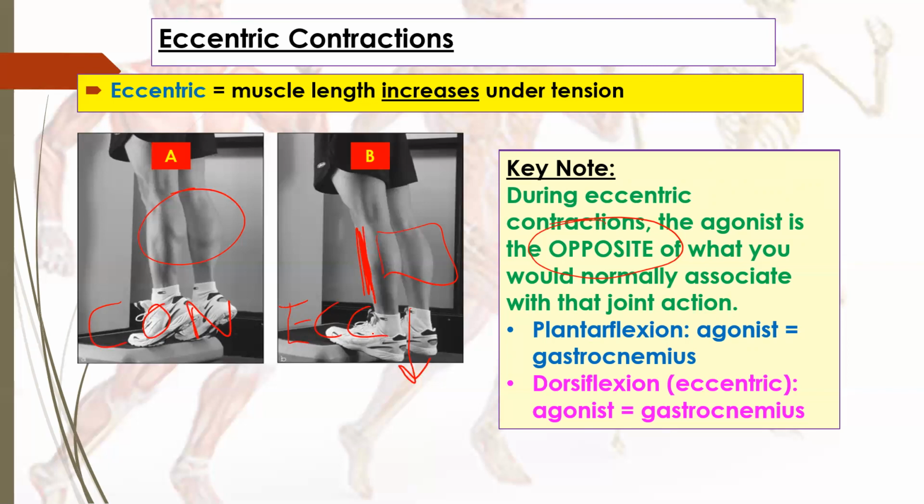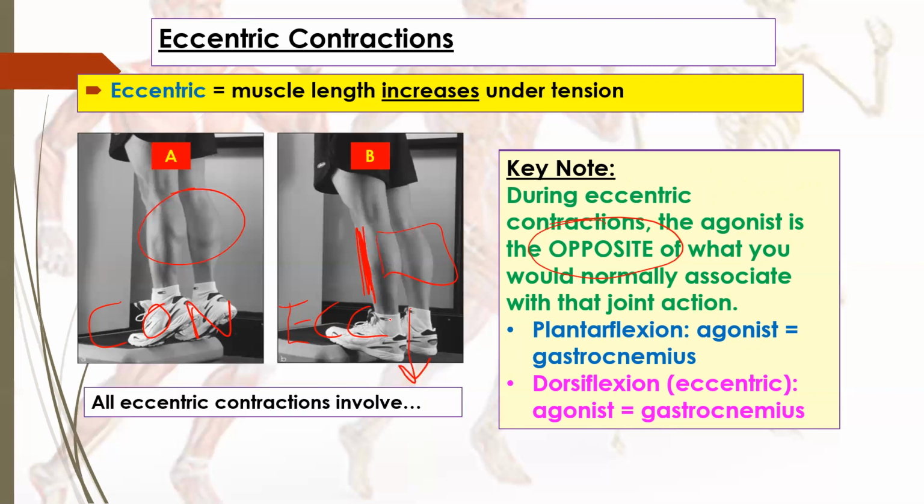Any sporting example where there's controlled downward movement is eccentric. And in terms of establishing the agonist and the antagonist, it would just be the opposite of what you would normally associate. So this movement, you would normally associate the tibialis anterior being the agonist. Because it's controlled downward movement, it's the opposite. And in this case, it's the gastrocnemius, but it's working eccentrically.